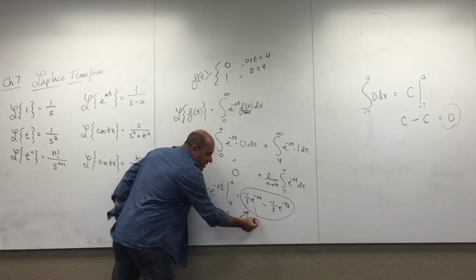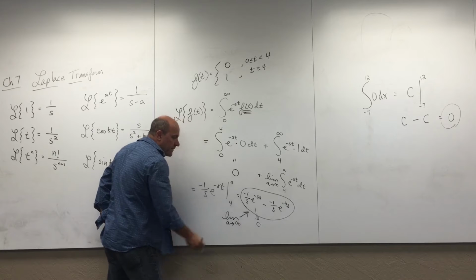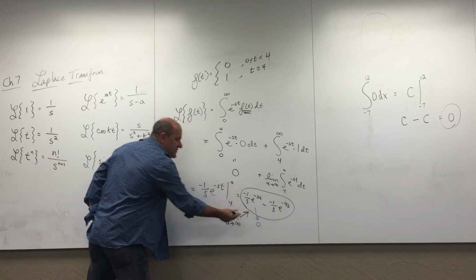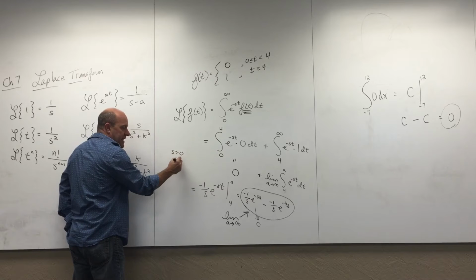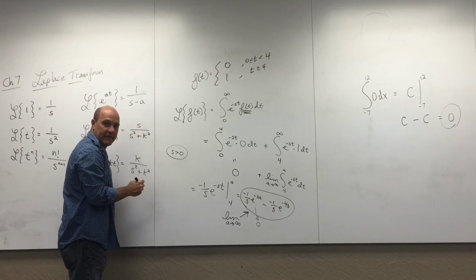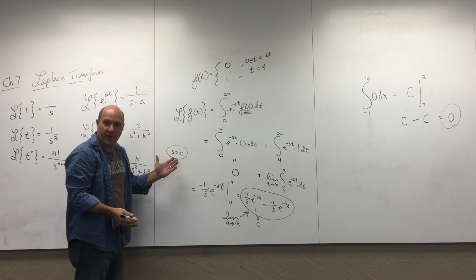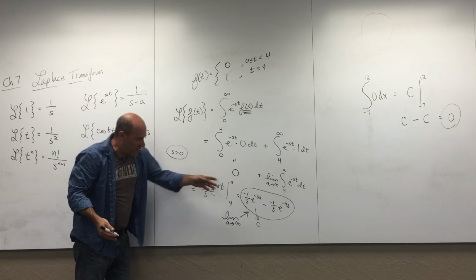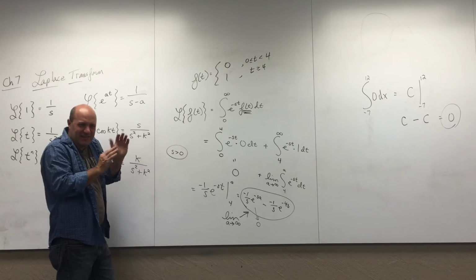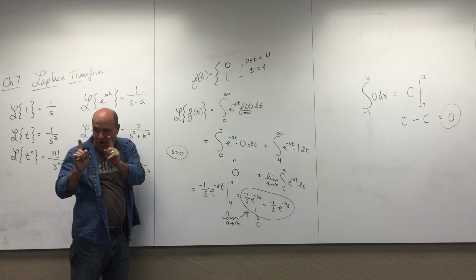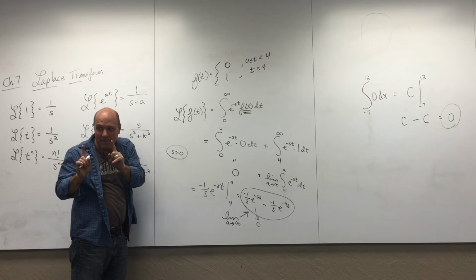So this does go to 0. But it's almost like when that goes to 0, this little statement has to accompany it. I mean, s greater than 0 is what makes that go to 0. It's just a little statement, again, being picky and proper.